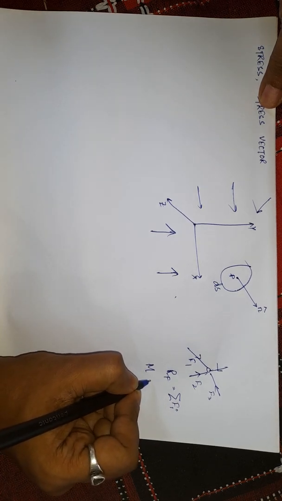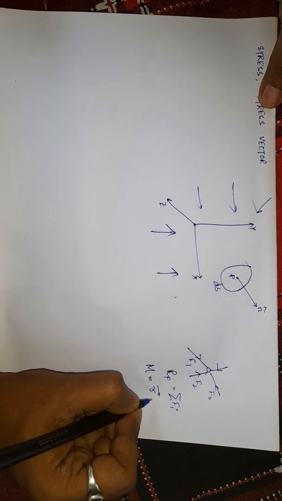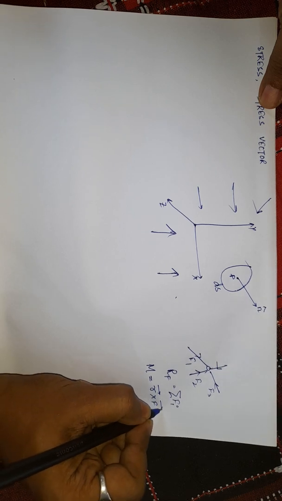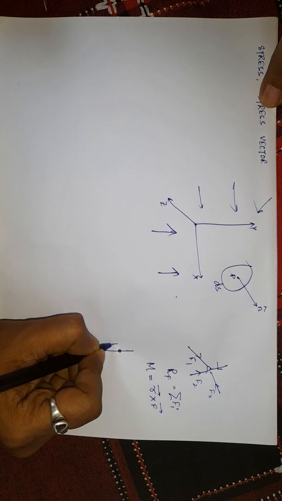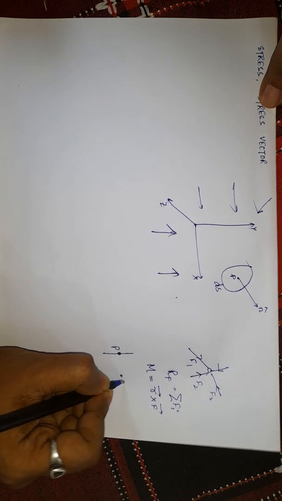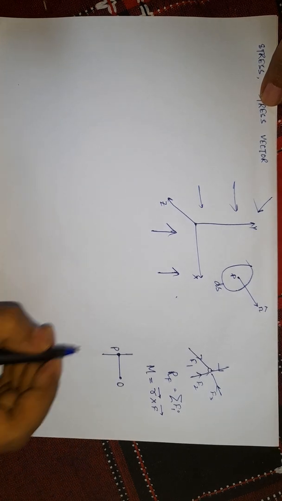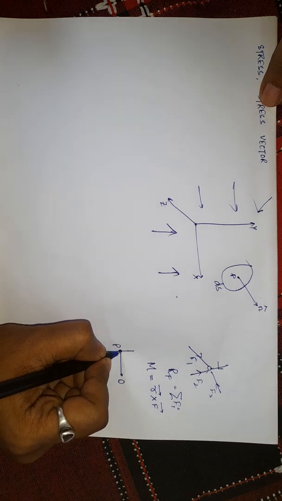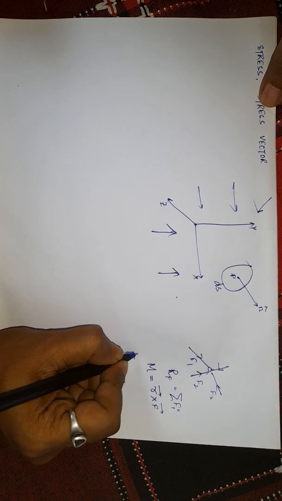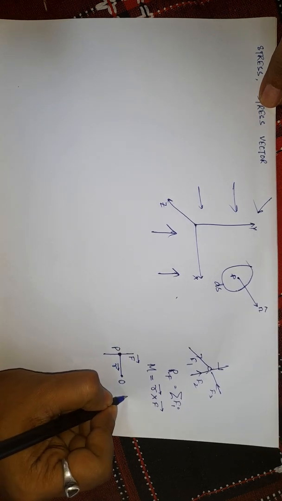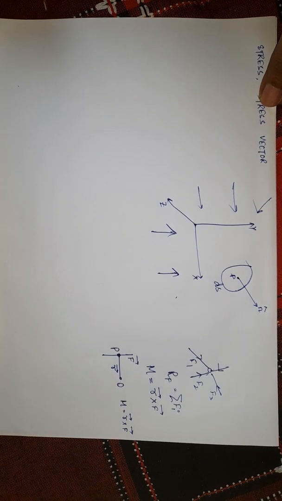This is also called the moment of the force, and it is equal to the cross product between the position vector and the force. Suppose this is the point P, and this is the origin, a fixed point, meaning you are calculating the moment with respect to the point O. The distance of the point at which the force is applied is r vector, and the resultant force is f vector, then the moment will be r vector cross f vector.